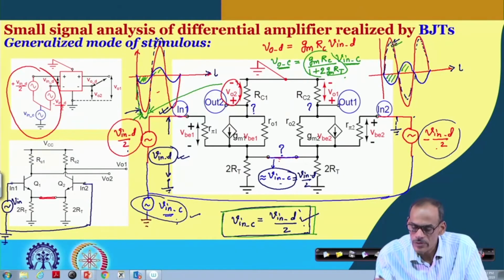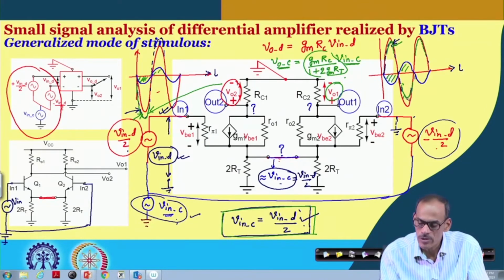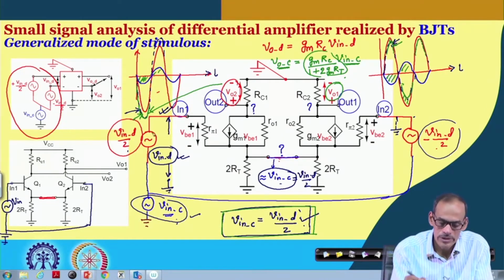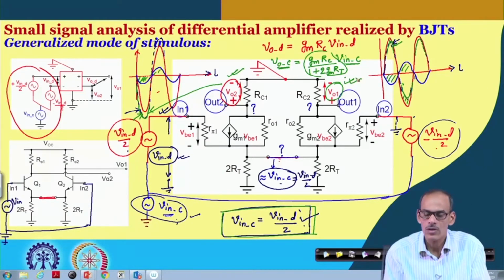Then since this signal is small, even in this case, the net voltage here, which is VO1 and VO2, since this part is very small, we can approximate that this output and this output are almost like a differential.